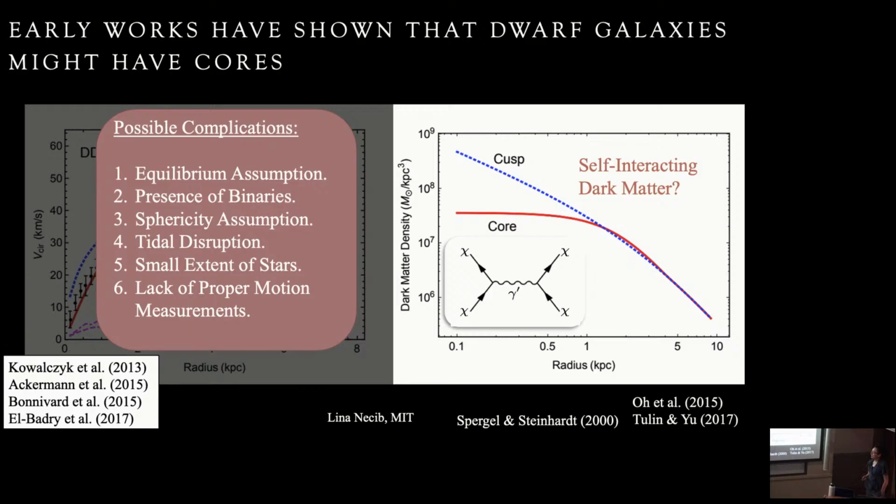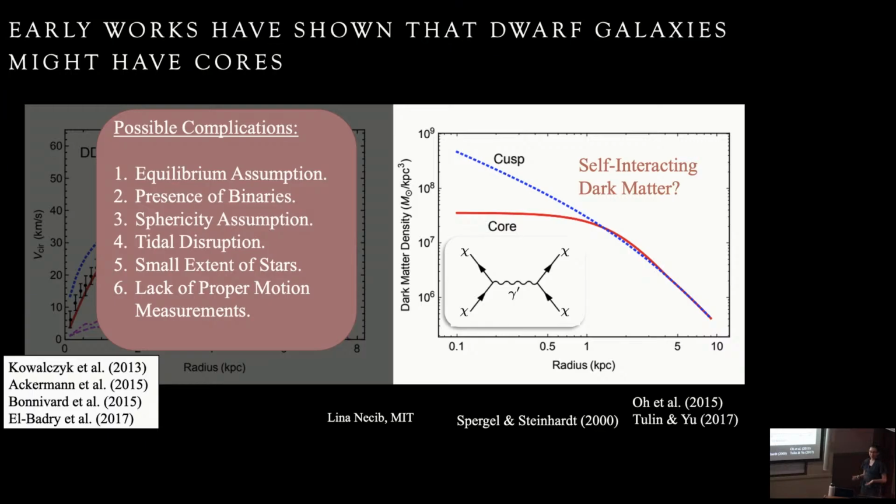However, it's very hard, because you have to assume that the galaxies are in equilibrium and there are no binaries. Actually, there are lots of binaries, but the stars that you're looking at are not in binaries where you're only looking at the motion of one and not the other. And for most of these galaxies, we don't have proper motions. You only have radial velocity, so you have to make some assumptions about how the anisotropy is distributed.